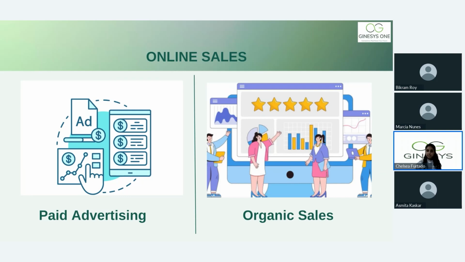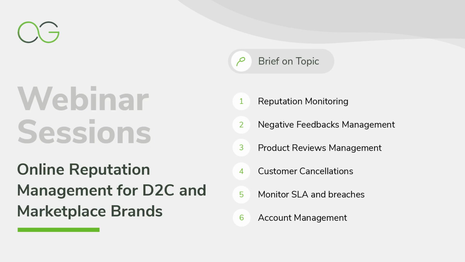If anyone missed that webinar, you can check it out on our YouTube channel or through the link on our website, genesis.in. Today, we are going to take you through the importance of maintaining a good reputation as a seller on the marketplaces and how this can help you generate sales organically.